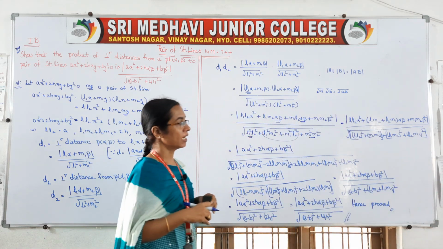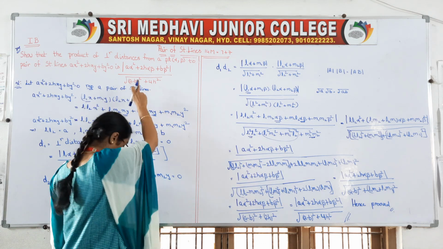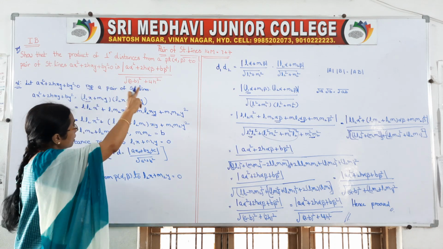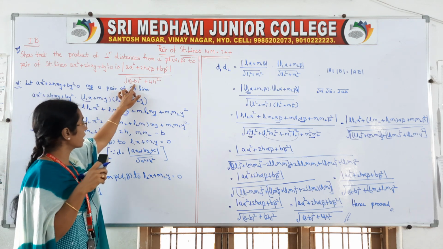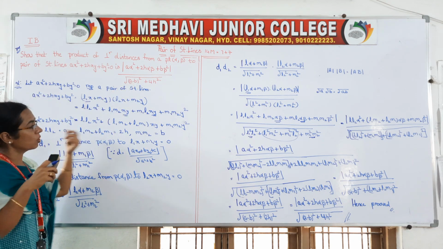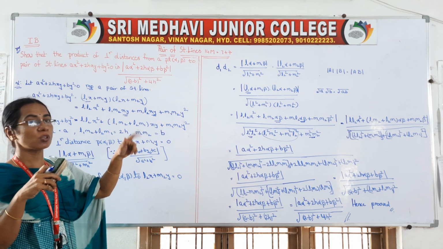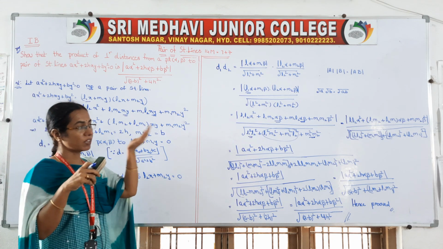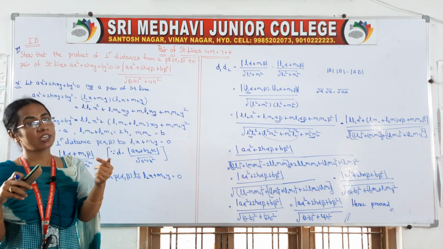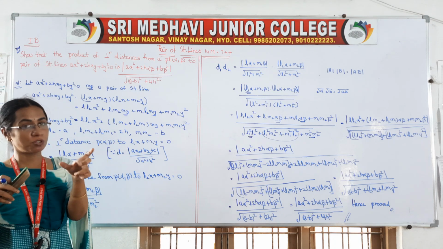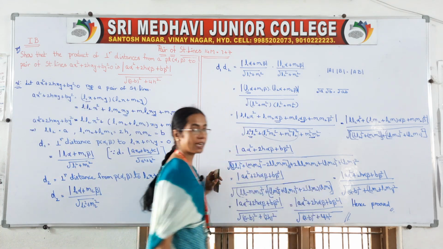Why are we doing like that? To get our answer. What is our answer? It is root of a minus b whole square plus 4h square. So a minus b whole square means a is L1 L2 and b is M1 M2. We must get L1 L2 minus M1 M2 whole square. For that, L1 L2 whole square plus M1 M2 whole square minus 2 L1 L2 M1 M2, a minus b whole square form. So to get that one, it is subtracted and added.